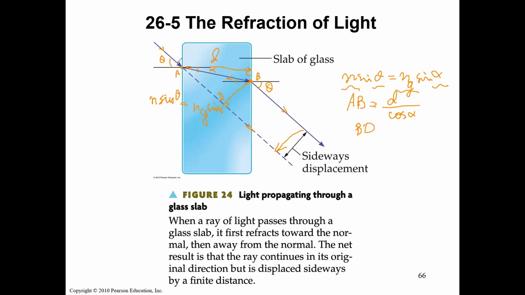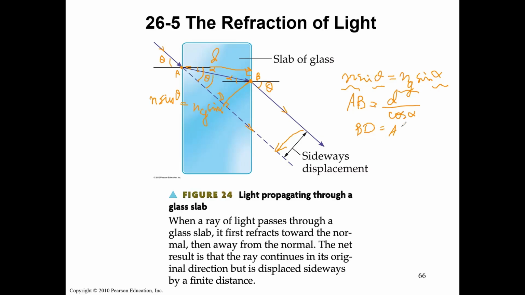So this blue line is a straight line. This surface normal is a straight line. So this angle is alpha. Okay, and inside the triangle ABD, this angle is theta minus alpha. Okay, and we know AB, we want to know BD, and we know BD divided by AB is sine of that angle.